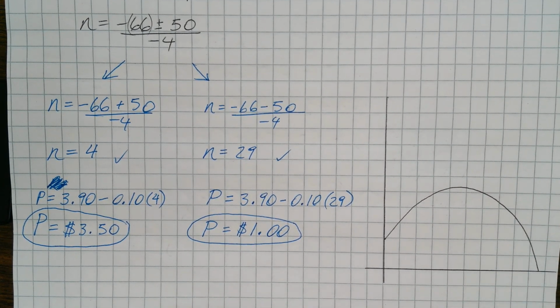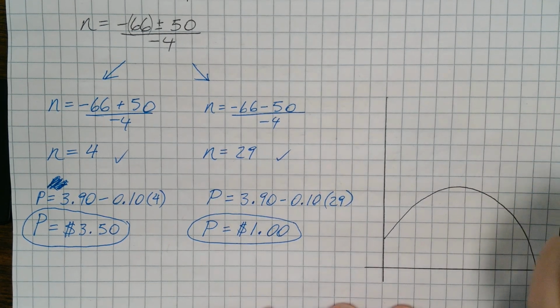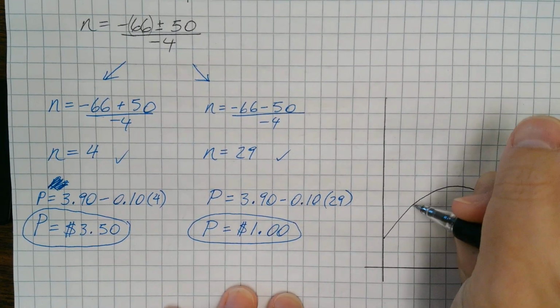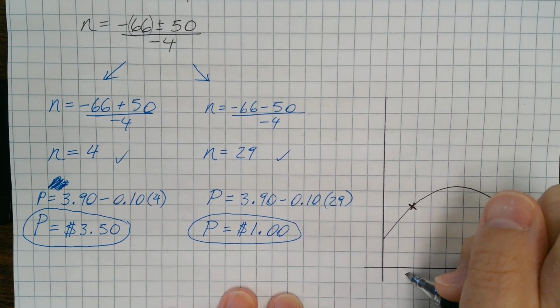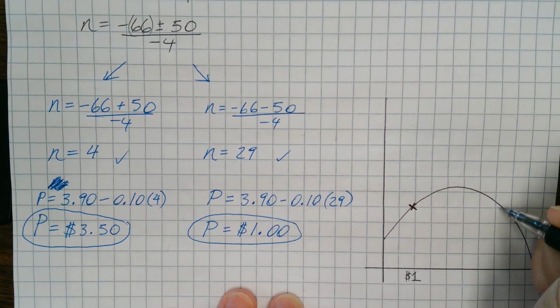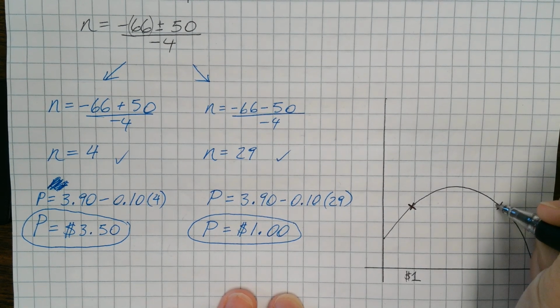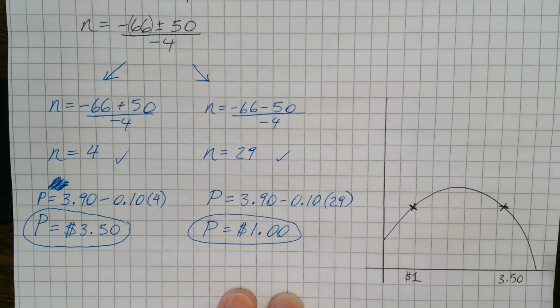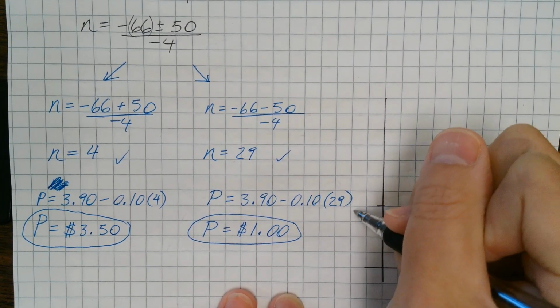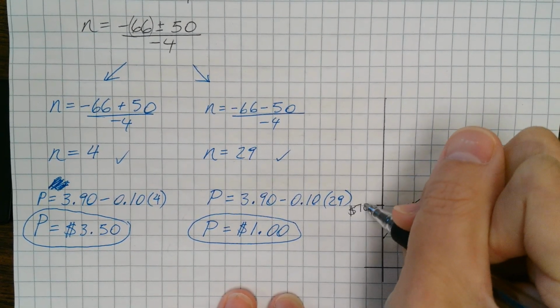Again, all parabolas look like that. This right here could be the $1. And then this right here could be the $3.50. Okay, and then here is $700 revenue.